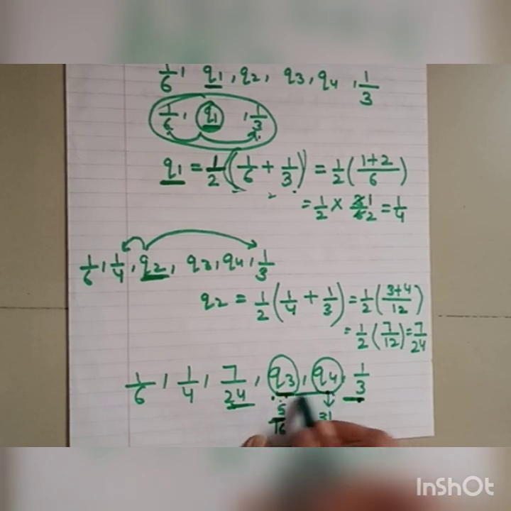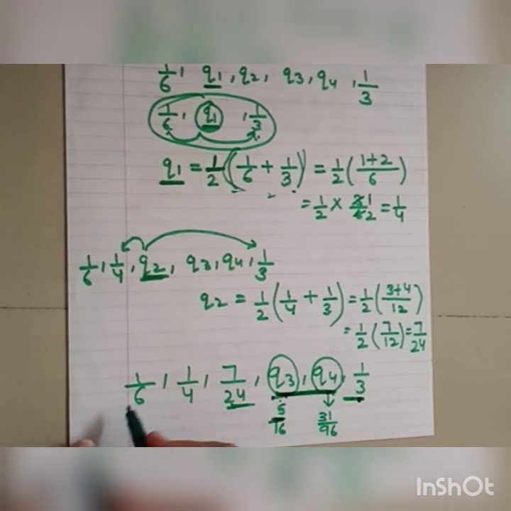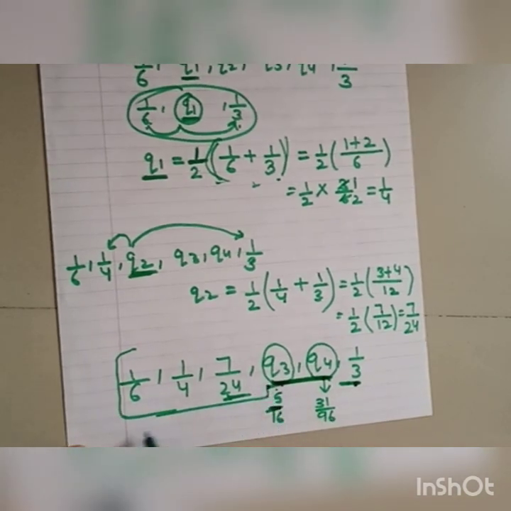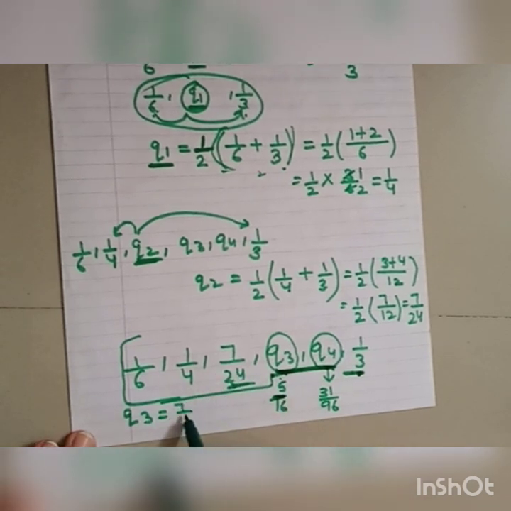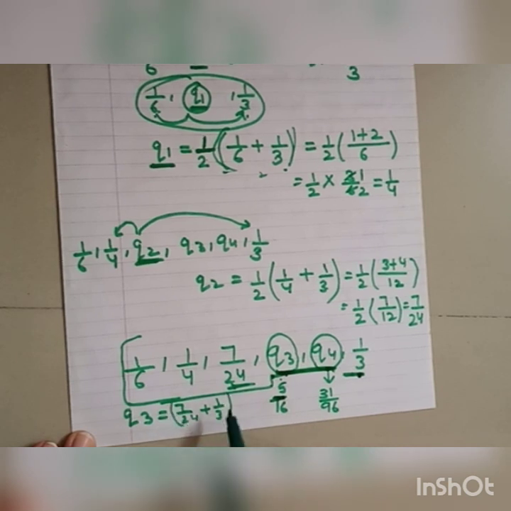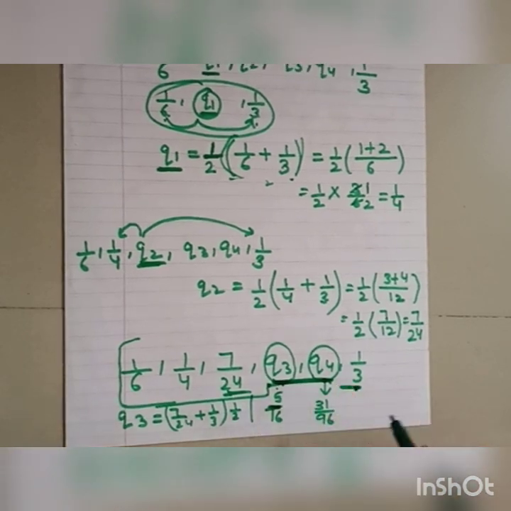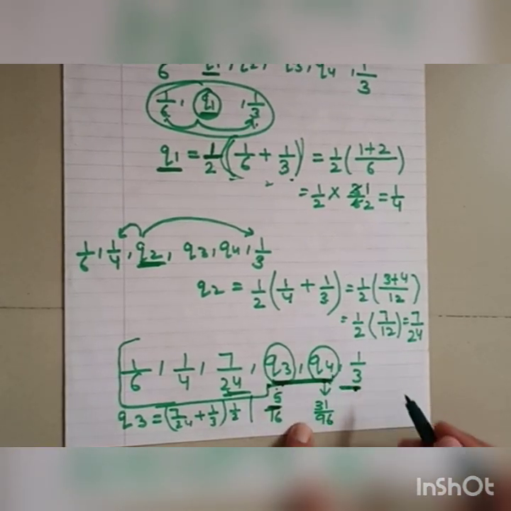These two values you have to solve yourself. While solving, write q3 like this: q3 is equal to 7 by 24 plus 1 by 3, divided by 2. Now how can you write the value of q4?